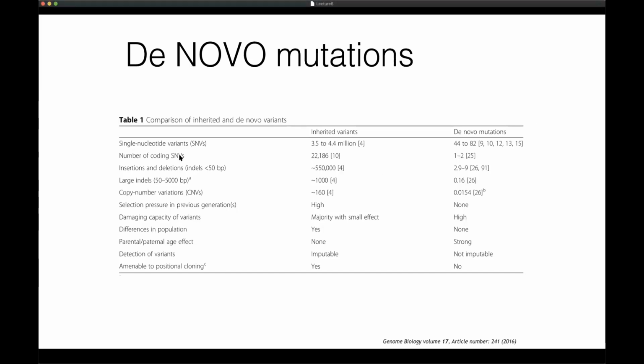So here's an interesting table that looks at different types of variants and different attributes of the variants. If you look at inherited variants, there's about 3.5 to 4.4 million per individual. What that means is that if you pick two random people that are not related to one another in the recent past, and compare their genomes, you will find about this many differences.